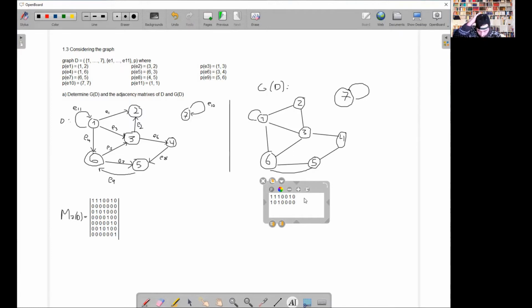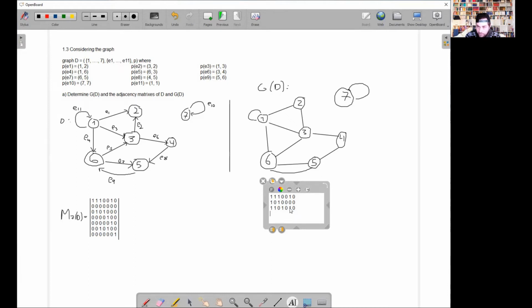We pass to the third row, and on the third node we have links with 1, with 2, with itself we don't have any link. We have a link with 4, with 5 we don't have, with 6 we have 1, and with 7 we don't have.